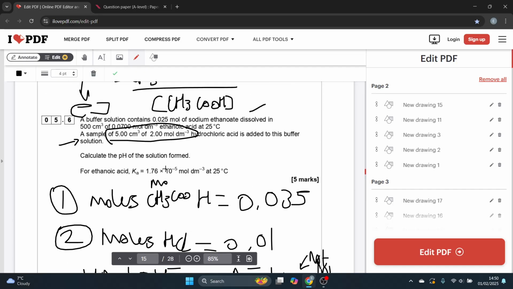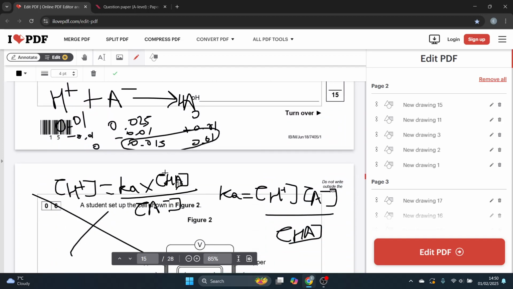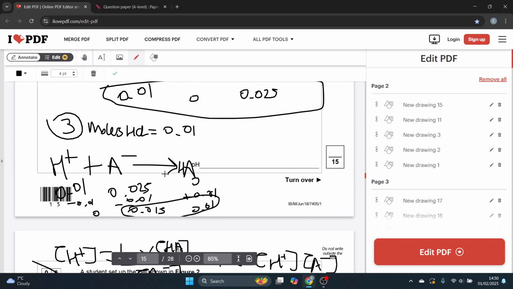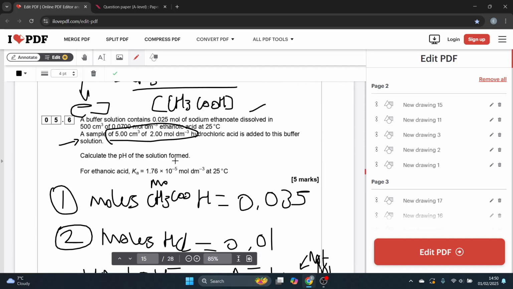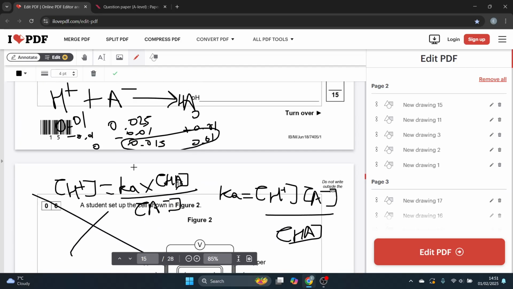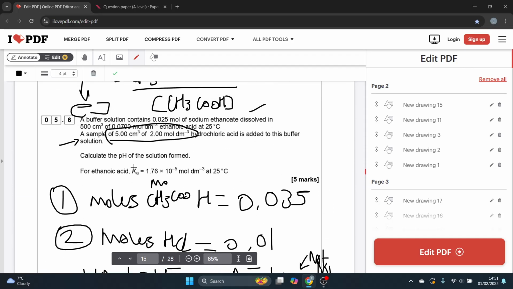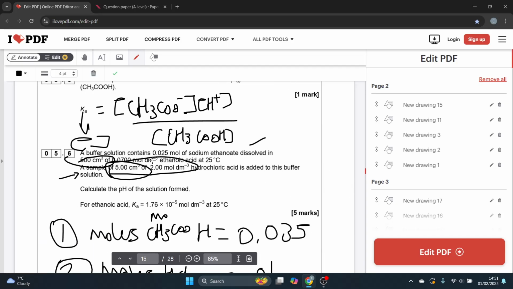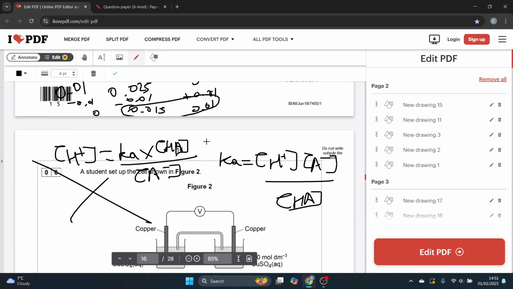Ka is 1.76 times 10 to the power minus 5 times HA, and I want the concentration, so I need to divide it by the volume. But the volumes will cancel out anyway. But in the exam, I would always show that. What I would do is divide it by the total volume, which is just 500 plus this 5, so 505 times 10 to the power minus 3. But in this case, the volumes will cancel out anyway, so it should be fine.